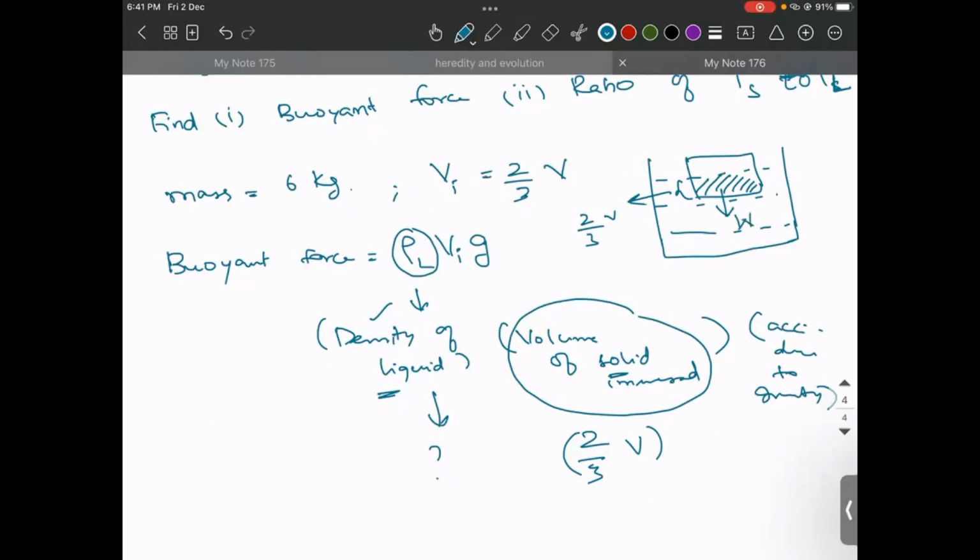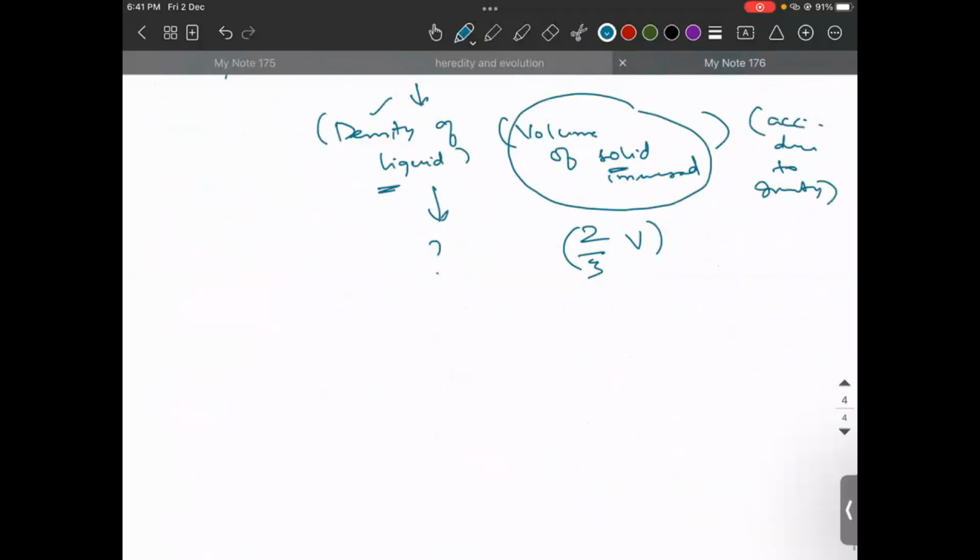It is the weight of the object, which is balanced by the buoyant force. So buoyant force is going to be the weight. Who told mg in the beginning? So what is the weight of the solid? It is going to be 60 Newton. So 60 Newton is going to be the buoyant force.